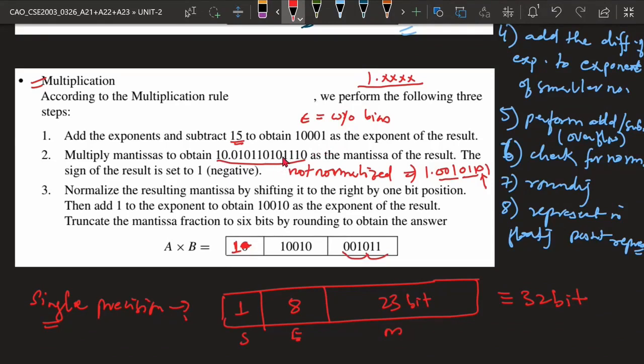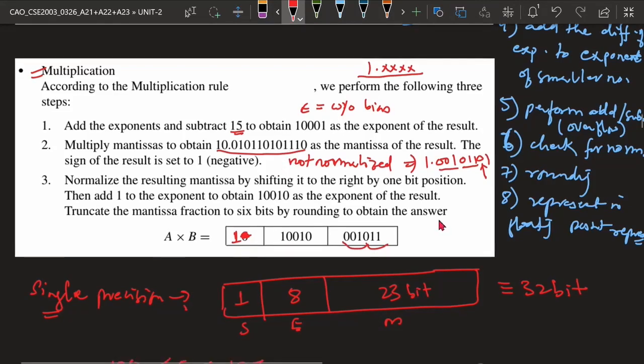So the exponent increases by 1. Initially it was 2, now it will be 3 in decimal. Once we add 15, because we represent it in excess 15, it will be 18, which is 16 plus 2. This is the exponent value we represent.